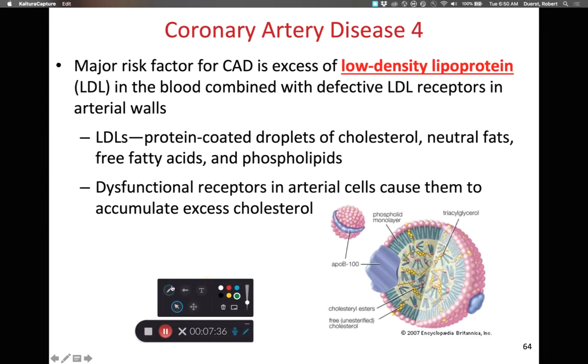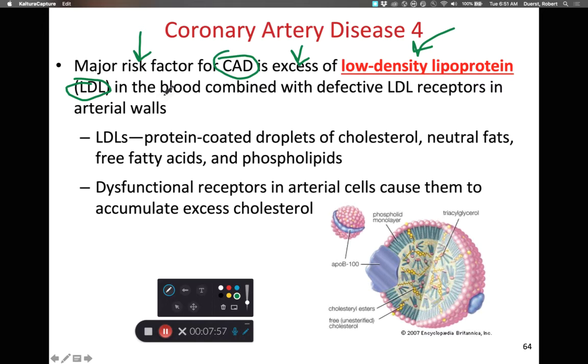Now, as we're looking at coronary artery disease, a very big risk factor for it is an elevated or excessively high level of low-density lipoproteins, LDLs. LDLs are referred to as the bad cholesterol for anyone who's ever had their cholesterol tested. HDLs, high-density lipoproteins, are the good cholesterols.